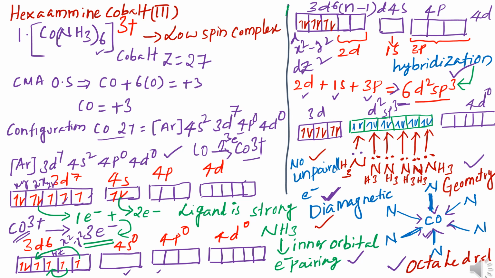Then we have seen the geometry after hybridization. The geometry we came to understand, it will form an octahedral complex. After that, by observing the electronic configuration, we came to know that there is no unpaired electron, which indicates the diamagnetic nature of the coordination compound hexaammine cobalt(III).